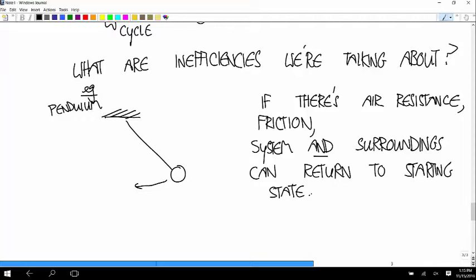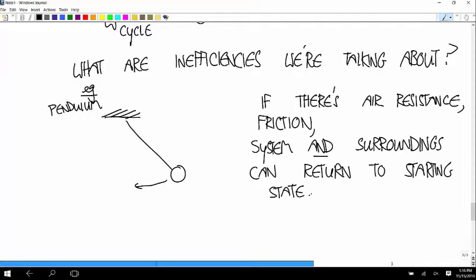What if you did have friction and/or air resistance? What would happen? Well, then if you just let it run, each time it would be a little bit lower until it stopped, right? You could return the system to its starting state, but you couldn't return the surroundings to the starting state. You'd have to require that the surroundings do something to it to return it to its starting state.